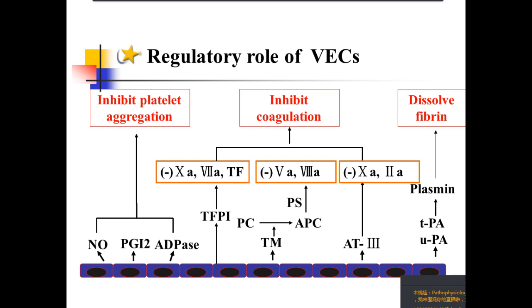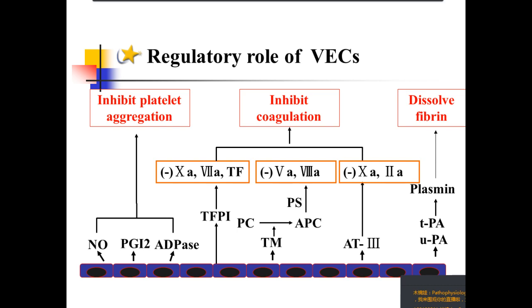TFPI can combine with coagulation factor 10 and the complex of tissue factor and coagulation factor 7, so the complex and factor 10 function decrease and the coagulation pathway is inhibited. Now TM combines with thrombin, leading to thrombin function decreasing, and can stimulate protein C to form activated protein C. Protein C inhibits the function of coagulation factor 5 and factor 8.